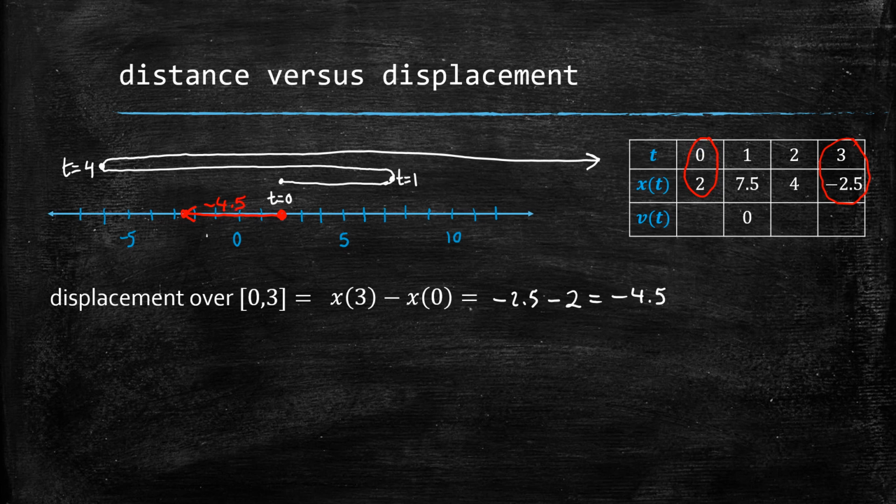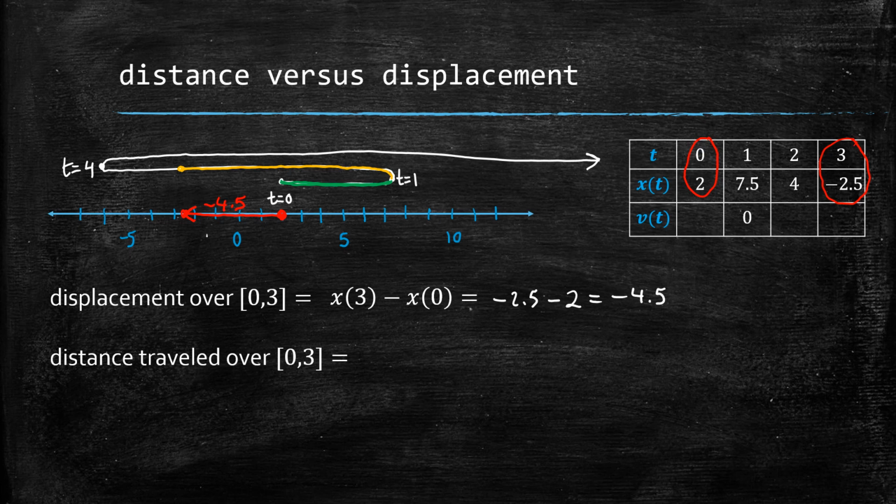In contrast, the distance traveled over that interval has to be broken into 2 components, because it starts by traveling in what we will call the positive direction along the x-axis between t equals 0 and 1, and then it backtracks and continues on a little longer to here.